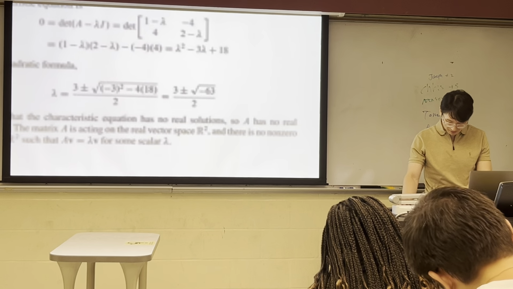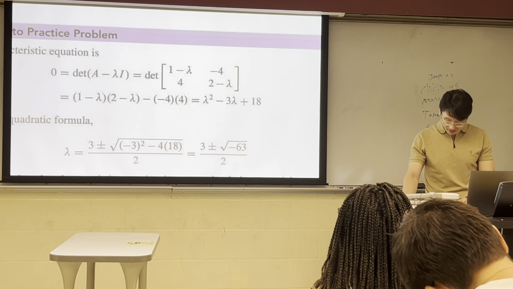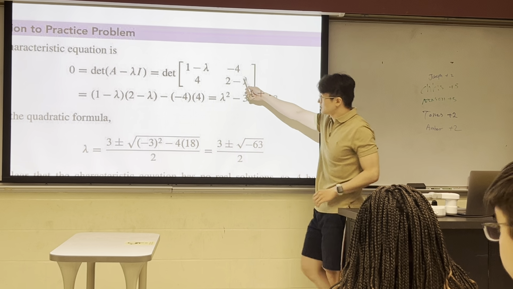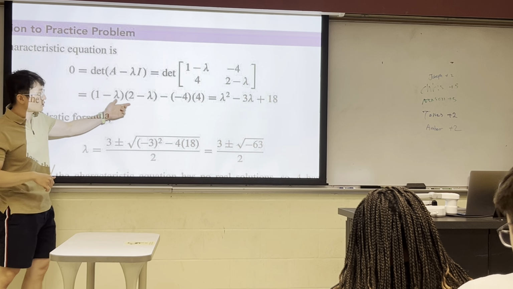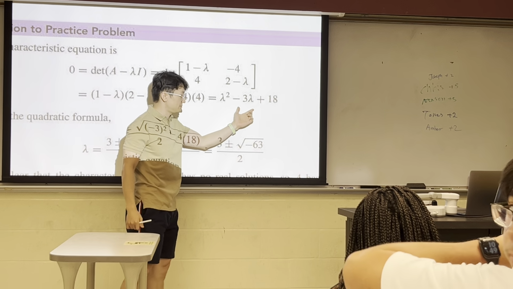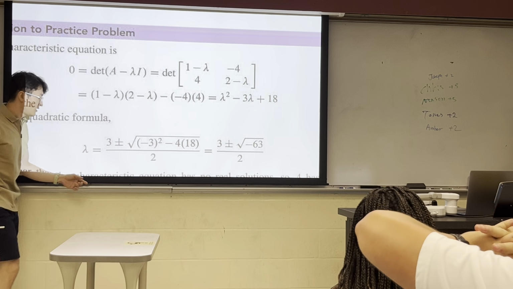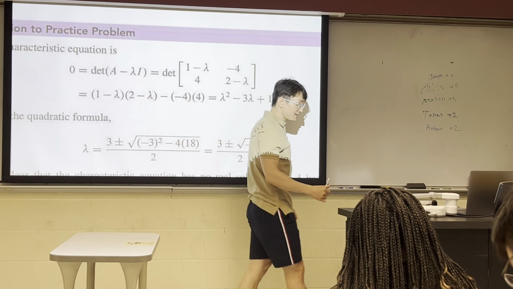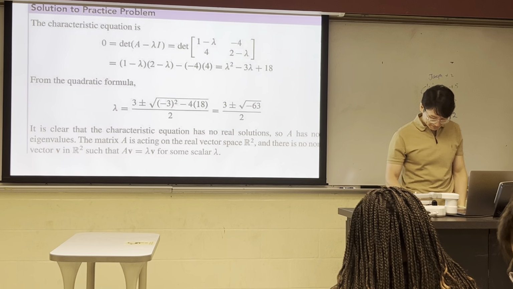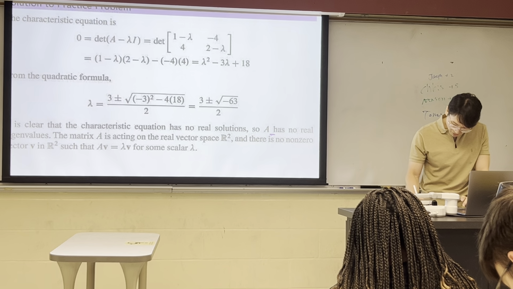Since there's no time, I'll just do it: this minus lambda, and then you get the determinant using the characteristic equation, which is what you should get, and then using the quadratic formula, there's no real solution. Meaning there is no real eigenvalue.